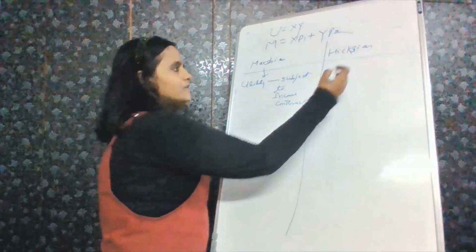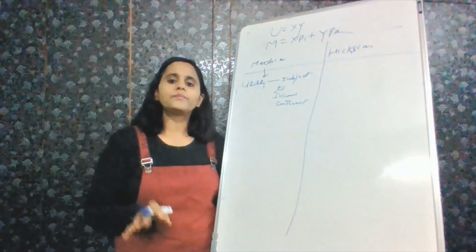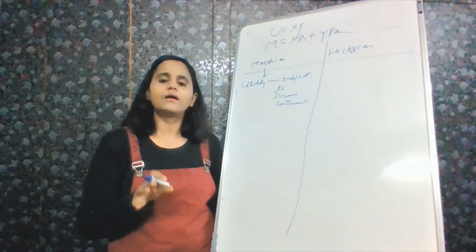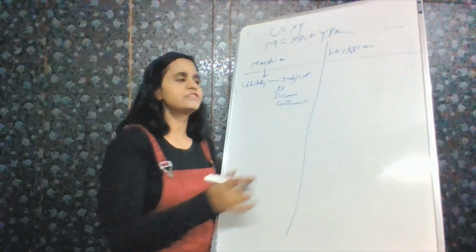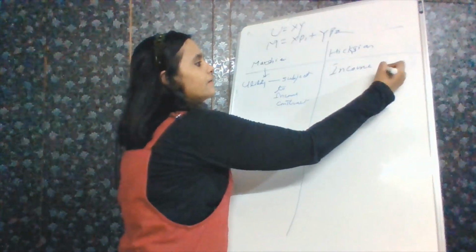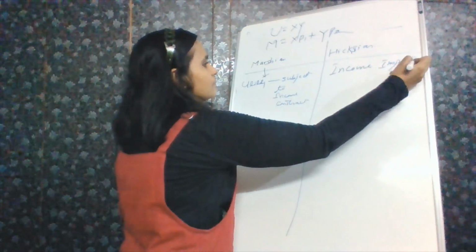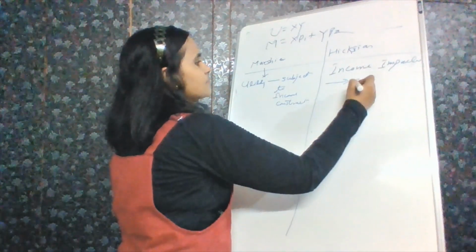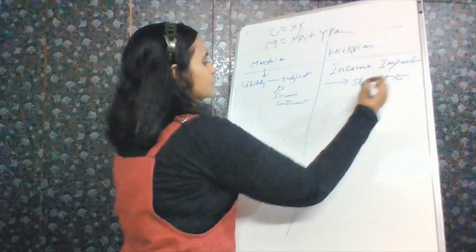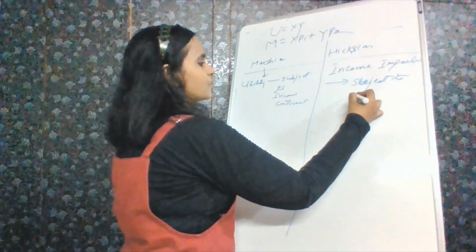Now, as part of the Hicksian approach, we want to keep any change happening because of prices from affecting utility. We want to keep our utility the same. We don't want to change it. So we minimize income subject to your utility constraint.